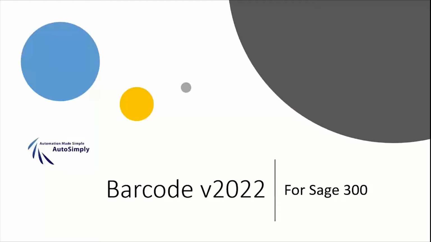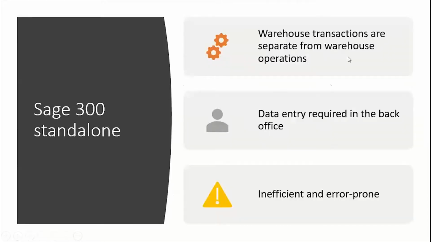So going into our topic this morning, we are going to be talking about Barcode for Sage 300. Without our solution, Sage 300 as an ERP would seem to be a standalone solution, where the warehouse transactions are separated from the ERP itself. So what happens is people are using paper and pen, writing down things as they happen.